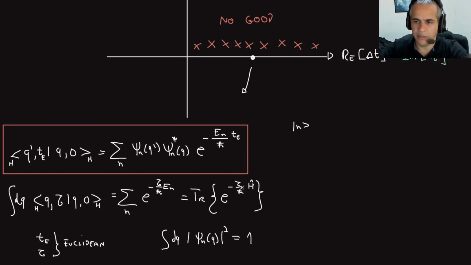But now we notice that this here, or even this, is the partition function. If I identify this number right here as the thermodynamic beta, you identify exactly the partition function for a statistical mechanics system, right?